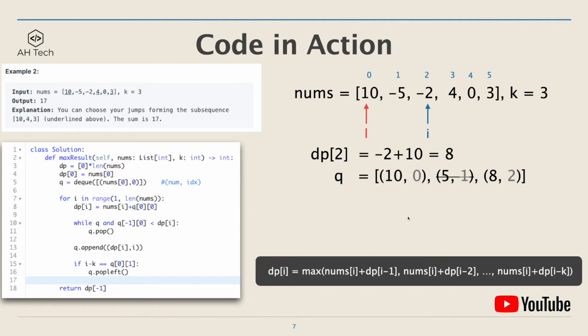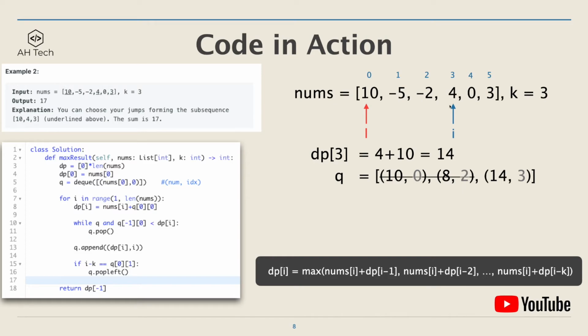And here you can notice that the current sliding window maximum, which is the maximum of dp i-1, i-2, all the way back to dp i-k, will always be the first element in Q. So that is the main reason why we are updating dp i by adding nums i and the first element in Q.